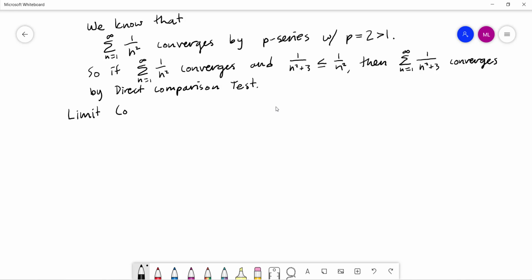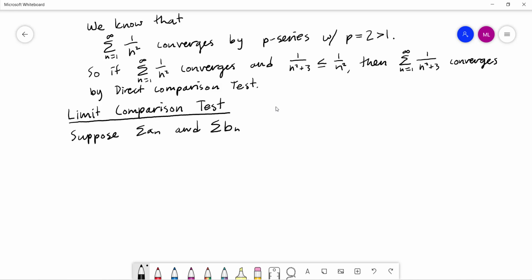So the limit comparison test. So the limit comparison test says the following. Again, suppose that we have two series, the sum of all the a sub n's and the sum of all the b sub n's, that are both series with positive terms.